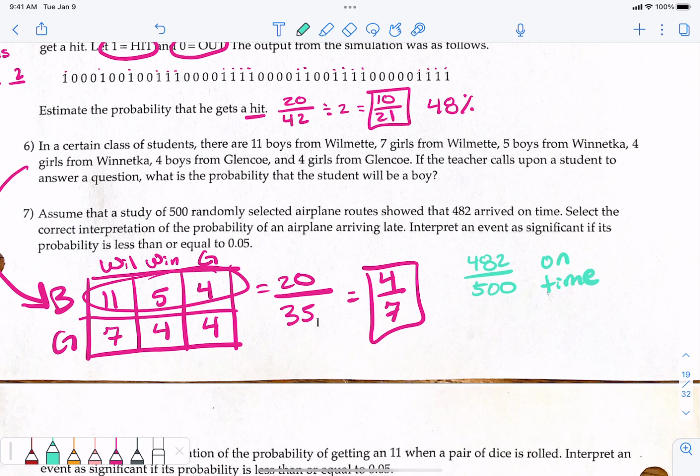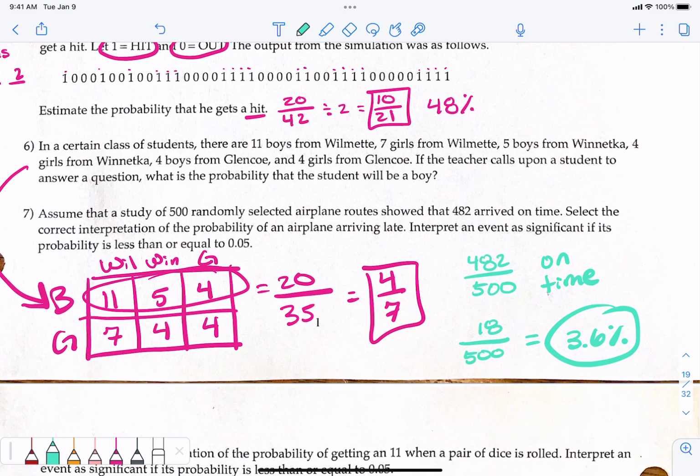So how many arrived late? 18 out of 500. That is what percent? 3.6%. Is it a significantly rare occurrence for a plane to arrive late?